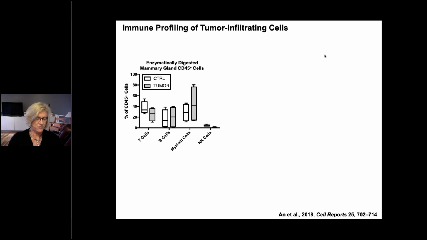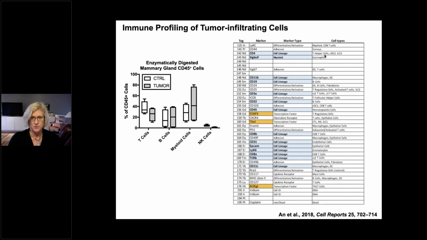So this first panel shows you just a very high level overview of the CD45 positive cells in enzymatically digested tumors compared to control mammary glands, so mice without tumors. And this was mass cytometry, but of course it could have been flow cytometry. And we can see, if we just look broadly at the basic immune cell types in the tumor, there's no real difference between the abundance of these different immune subsets.